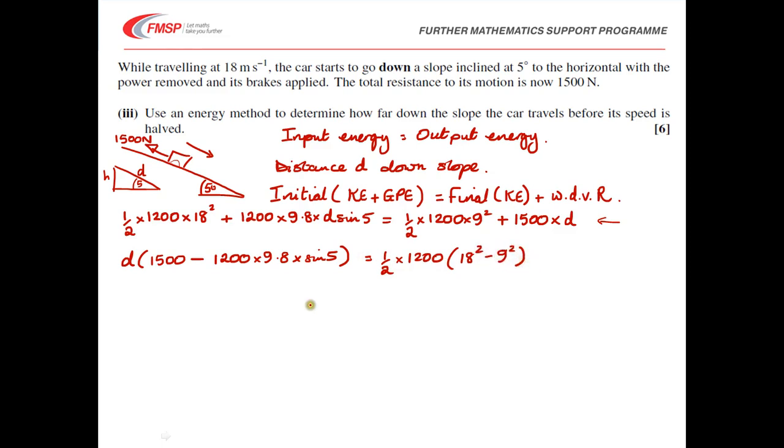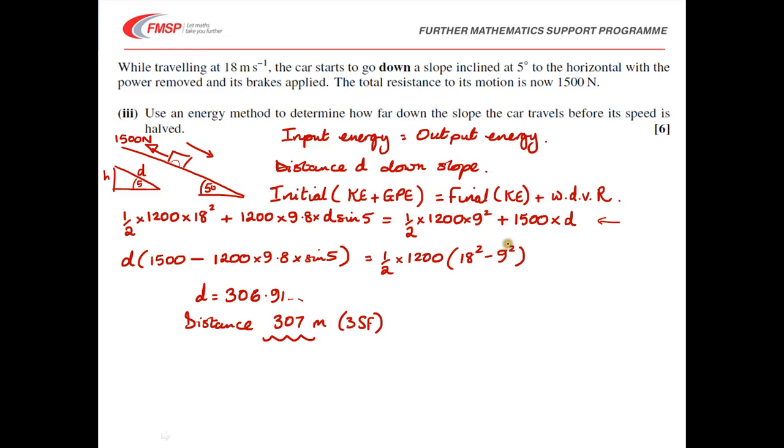That's just dealing with the kinetic energies there. And if we pop that into a calculator, that's going to give us our distance d, 306.91. So our distance, to three significant figures, is 307 meters.